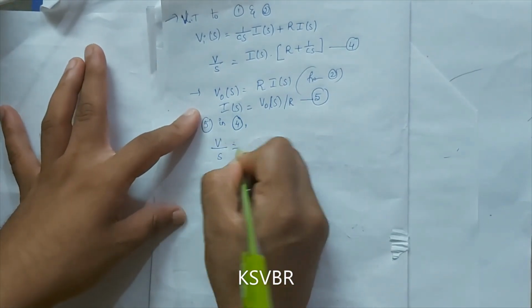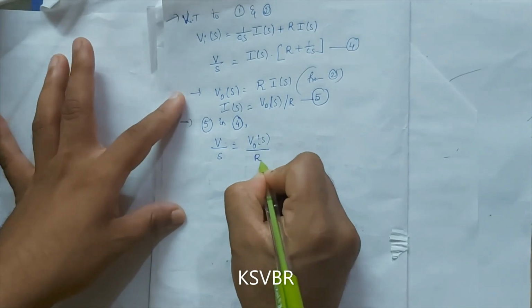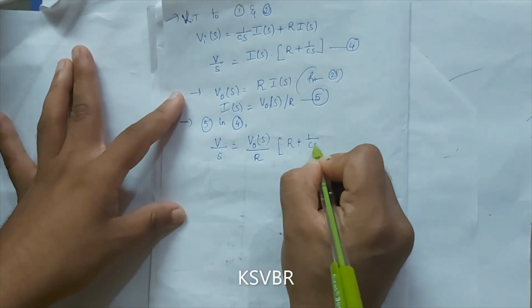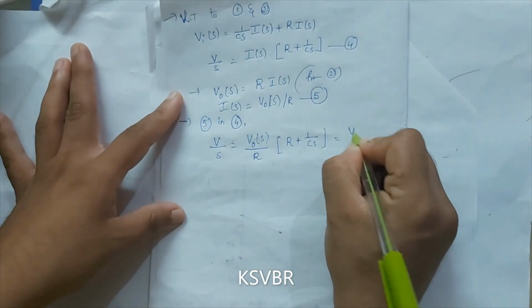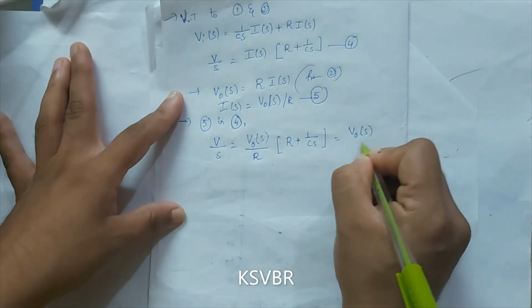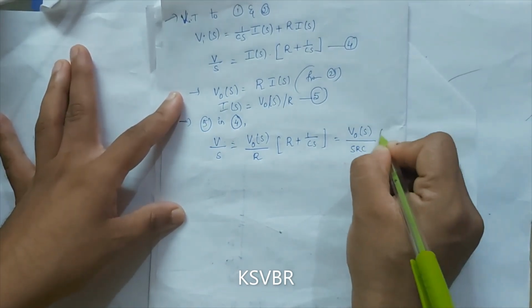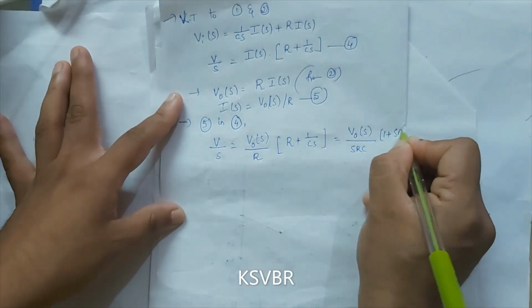V by S is equal to V naught of S by R into R plus 1 by Cs. Can I write this as V naught of S by SRC into 1 plus SRC?